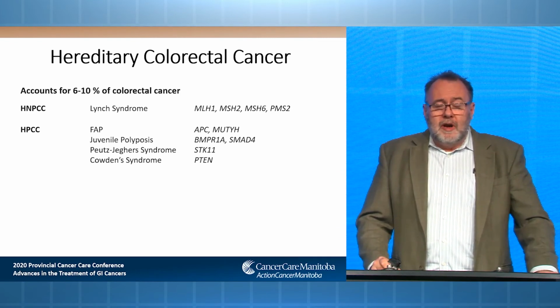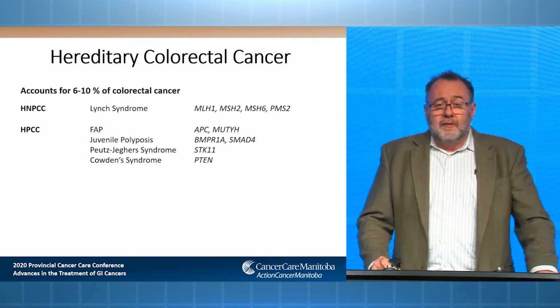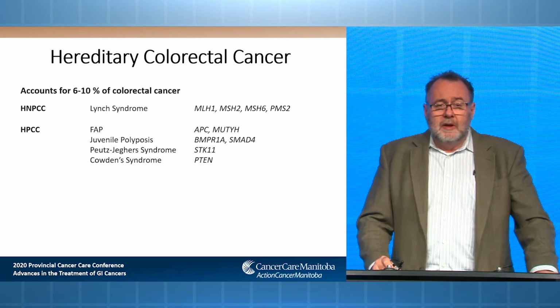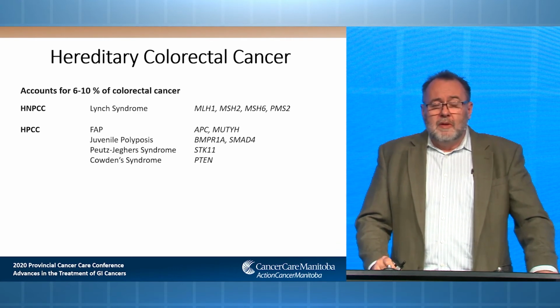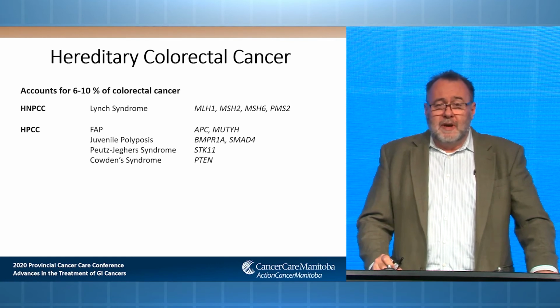So hereditary colorectal cancer has been very informative because it's helped us develop our understanding of tumor suppressors, but clinically it's also important because about 6 to 10% of all colorectal cancers that we see in the clinic probably have a hereditary association. In HNPCC, the non-polyposis hereditary colorectal cancer, which is most elegantly described in patients with Lynch syndrome, there are mutations in these mismatch repair gene families that I've described to you before.